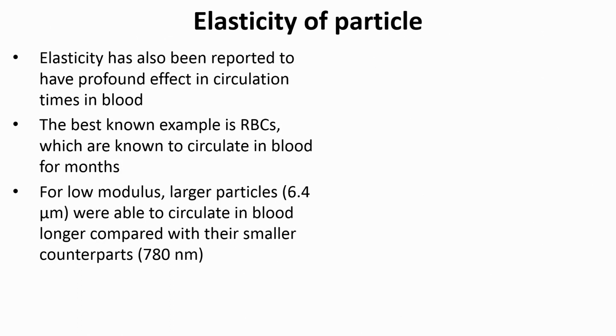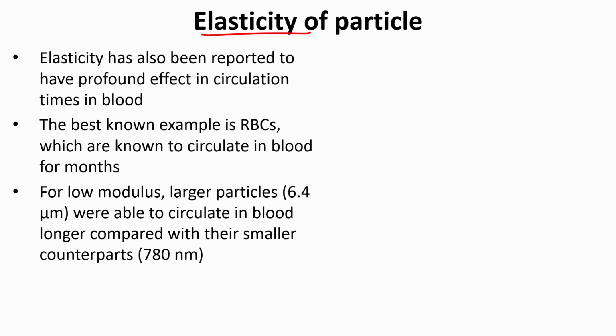Okay. So, the fourth property we are going to talk about is the elasticity of the particle, and this is again a fairly nascent field, not much has been done in this area, but more and more people are now starting to look at the mechanical properties of the particles that they are using. So, again elasticity has been reported to have profound effect on how much the particle circulates in blood.